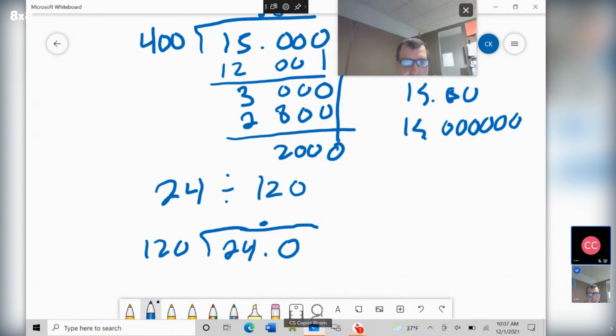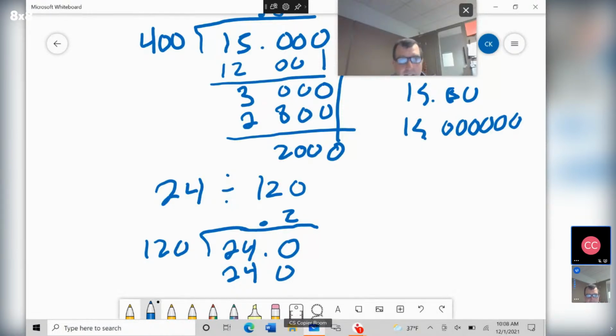One thing to remember, you guys, is when you have zeros, this could just be like 12 into 24. And we know 12 goes into 24 2 times. So if I do 2 times 120, it's 240. So this one would just be 0.2.